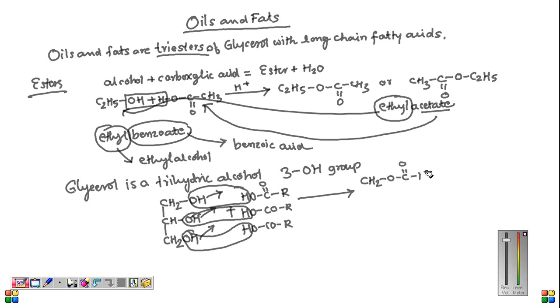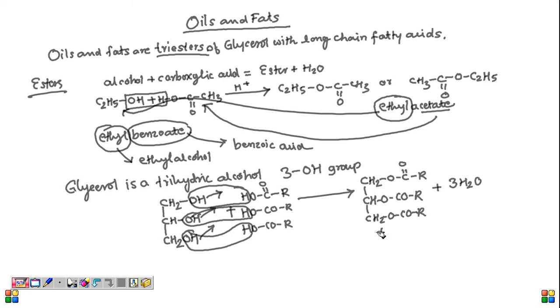CH2OCOR, similarly CHOCOR, CH2OCOR, plus three molecules of water are formed. This is a triester of glycerol with long chain fatty acids.